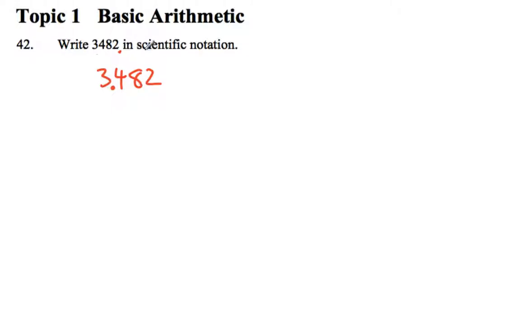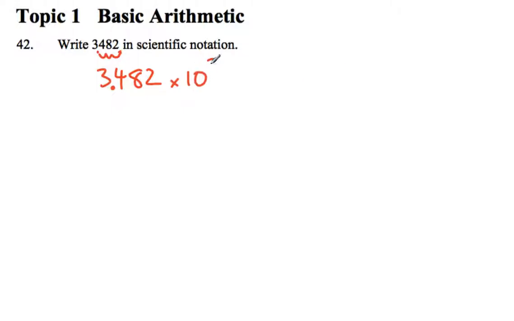And so to move it so that it's over here just after the 3, we will have moved it how many jumps? We will have moved that 3 jumps there. So to compensate for the fact that we've moved that decimal point 3 jumps, we multiply it by 1,000.